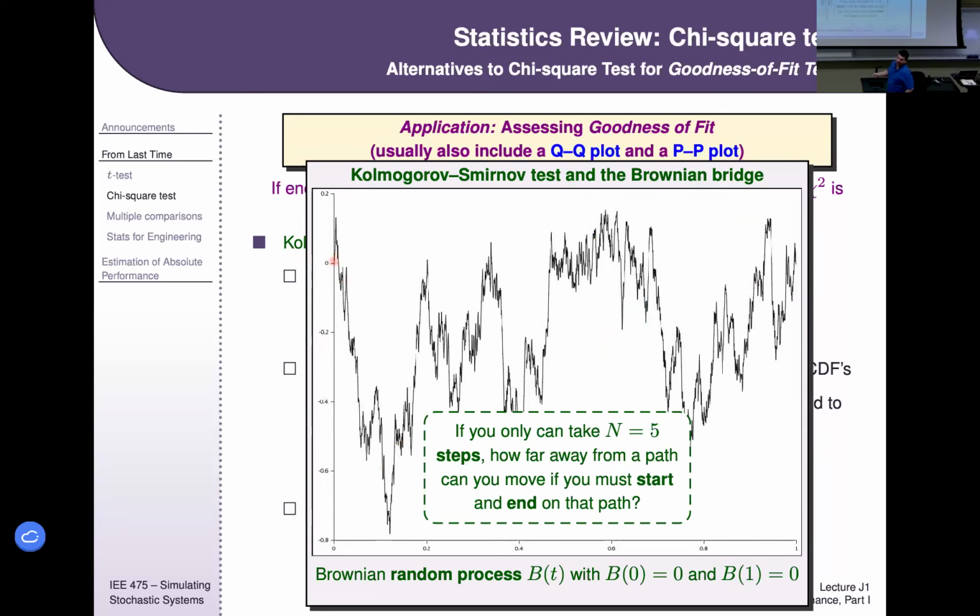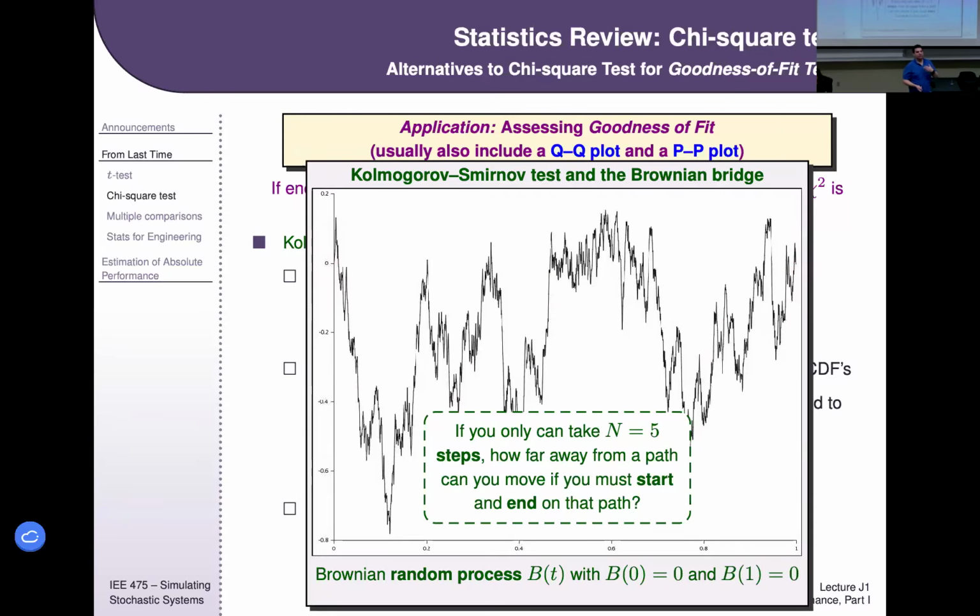If we consider only traces that start at 0 and end at 0 and have a fixed number of steps in between, which is the number of sample points you have, then the question is, if you only have 5 steps to get from here to there, and you have to end at the end of the bridge and start at the start of the bridge, how far in the middle could you possibly get away and still be able to make it back to the end of the bridge?